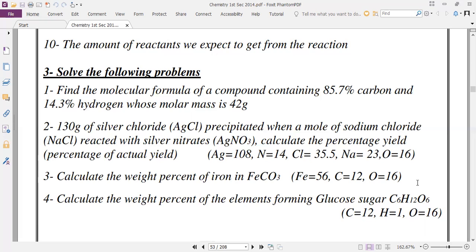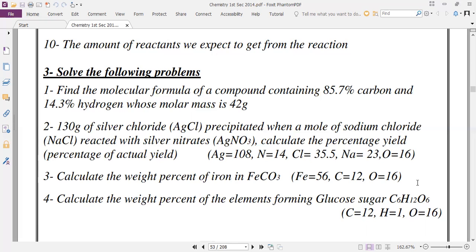Excellent. And the theoretical will be 143.5 gram. The percentage yield will be the practical over the theoretical times 100. It will be 97.56. Okay, excellent, Mariam.